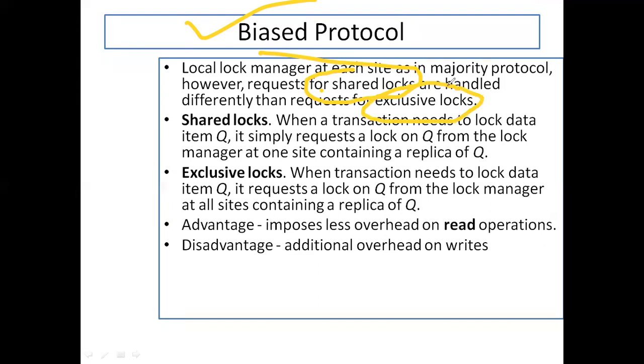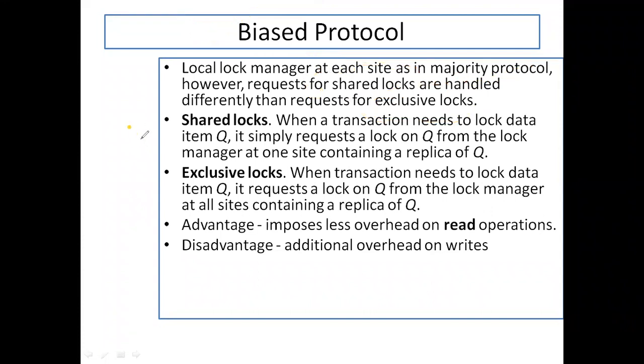So can anybody tell me which one of these, shared lock or exclusive lock, is more important for a transaction? Okay, good. So that is exclusive, if you consider its importance.